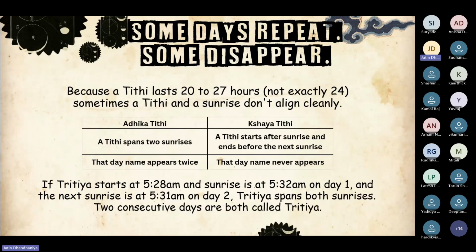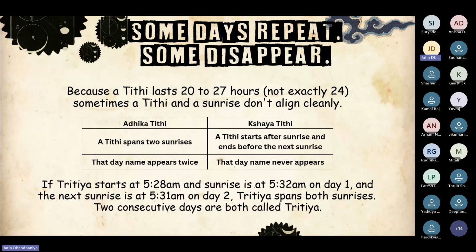Now, some days repeat, some disappear. Because a tithi lasts 20 to 27 hours, not exactly 24, sometimes a tithi and a sunrise don't align cleanly. There's this Adhika Tithi, where a Tithi spans two sunrises. Whereas Kshay Tithi, a Tithi starts after sunrise and ends before next sunrise.